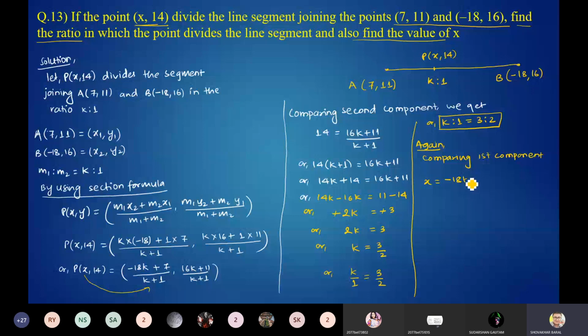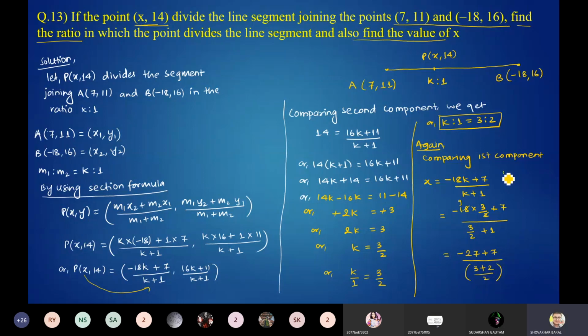Replace the value of k: it will be (-18 times 3/2 + 7) whole upon (3/2 + 1). Simplified further, it will be minus 9 times 3 is minus 27 plus 7, whole upon, taking the LCM, (3 + 2) divided by 2.